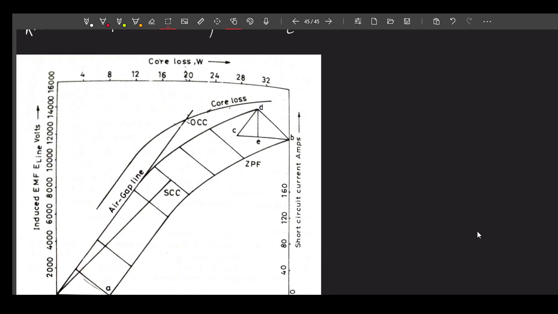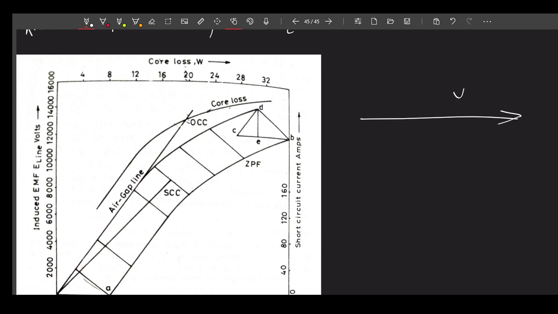Also try to understand one thing, that once you disregard R for a zero power factor armature current, V and E will become collinear phasors.